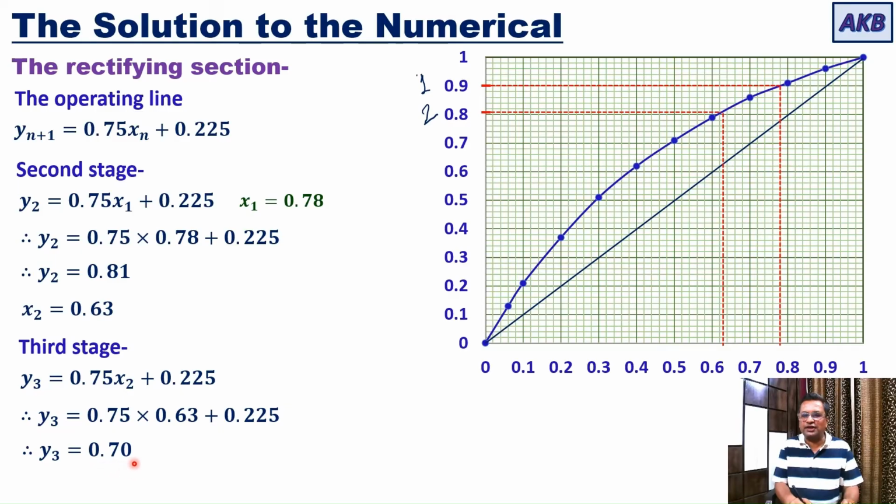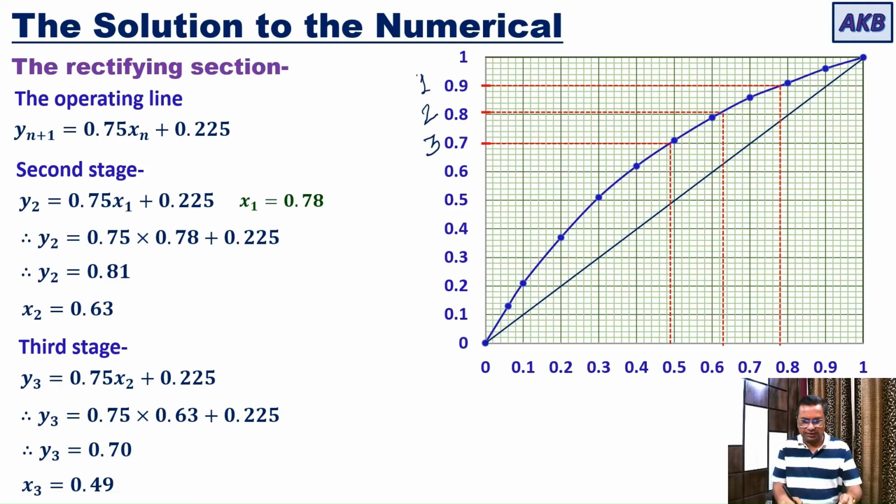With this value of y3, I'm coming back to the distribution diagram, locating y3 at 0.7, going to the equilibrium curve and getting the corresponding value of x3, which in this case is 0.49. So in this way, we complete the calculations for the third stage.